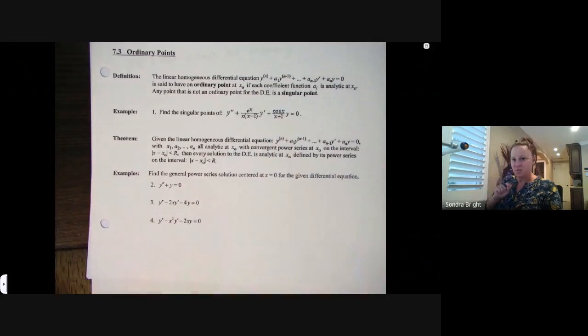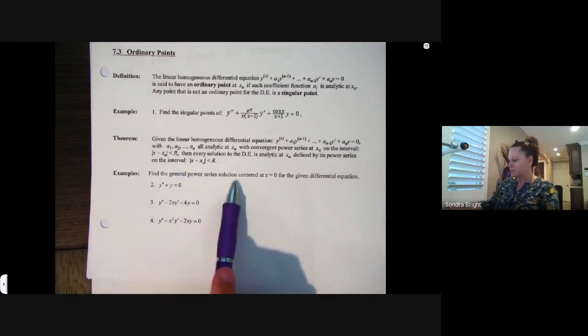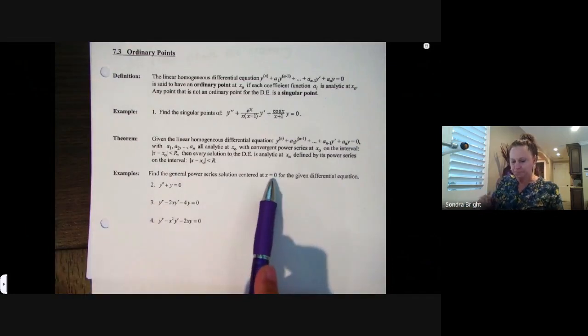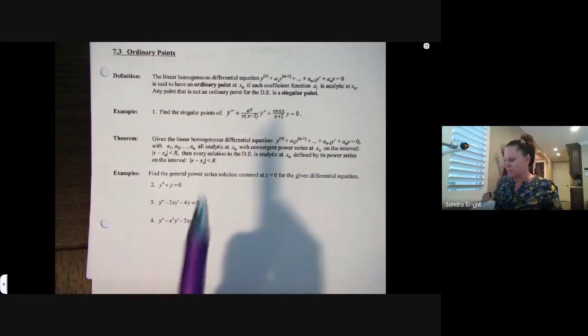All right, so we're going to use that. We're going to find the general power series solution centered at x equals 0 for the given differential equation. All right, so let's do that.